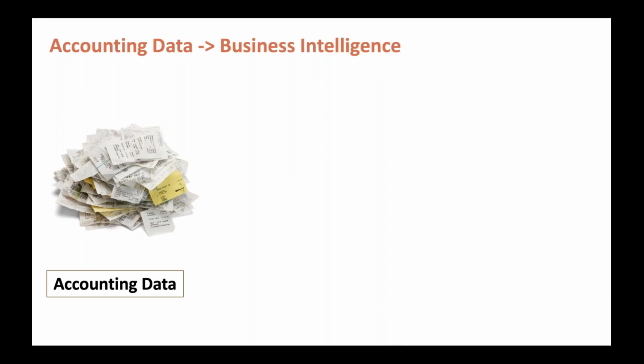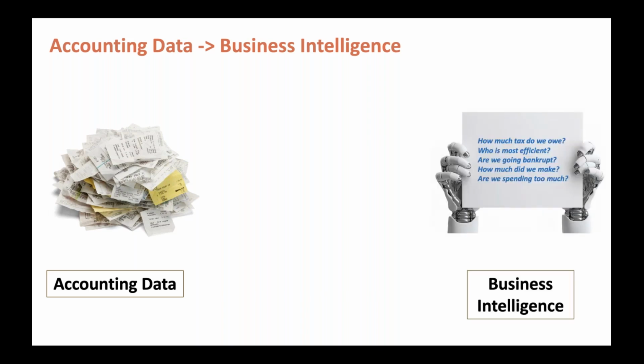So let's take an example of how this is the case, how we could have BIM, yet we still don't have all of these problems solved. Think of it from an accounting data standpoint. You have all these receipts, all these invoices, different data sources. And someone in the company needs business intelligence: are we making money? Are we spending too much? Are we going bankrupt?